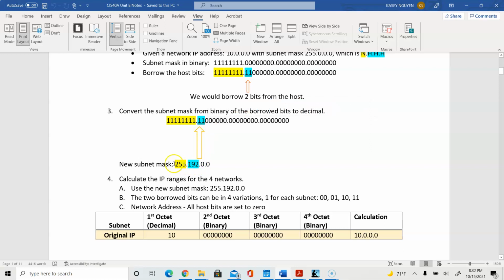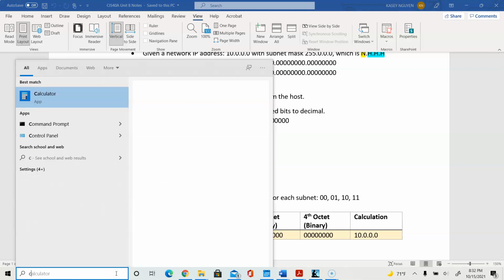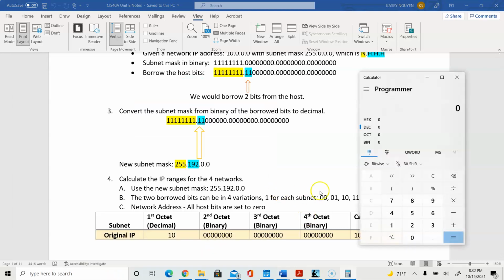So what you will have is 255.192.0.0. And a quick way to do this is you would open up your programmer calculator and hit BIN for binary, and you can put in 11000000, and that will be our 8 bits.